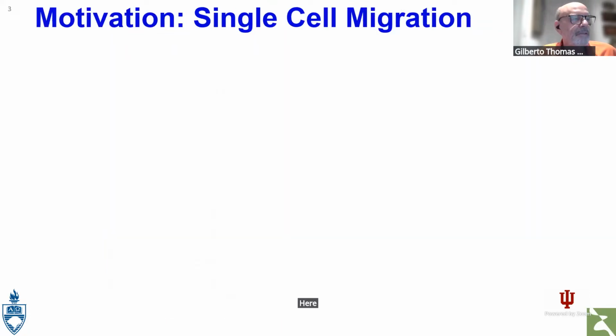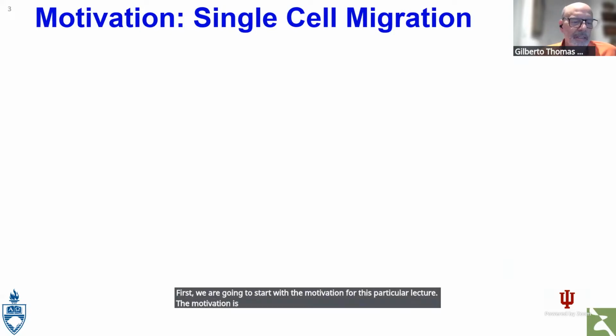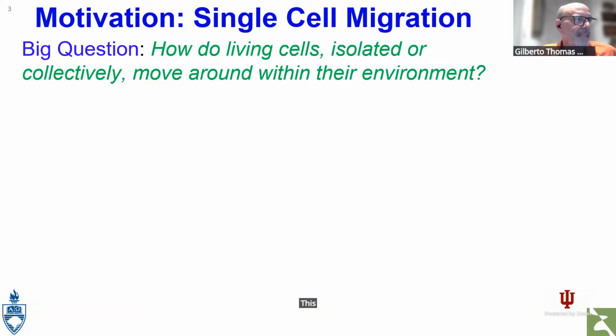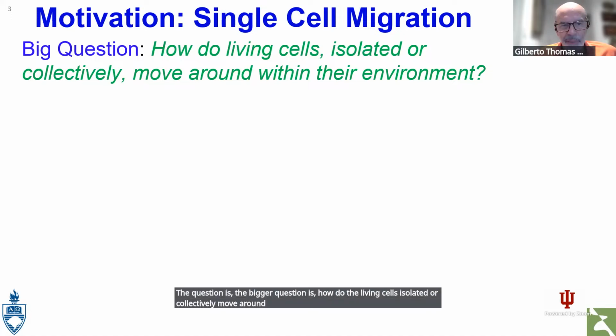First, we are going to start with the motivation for this particular lecture. The motivation is single cell migration. Cells are always moving around in general. The big question is, how do living cells, isolated or collectively, move around within their environment?